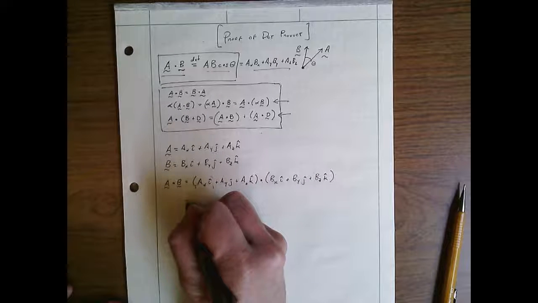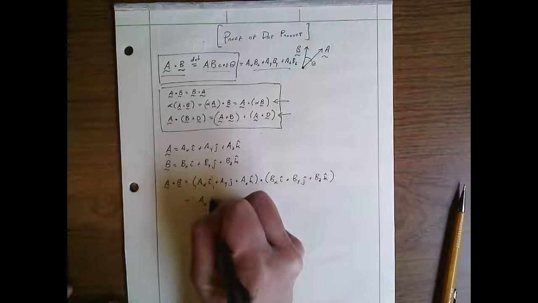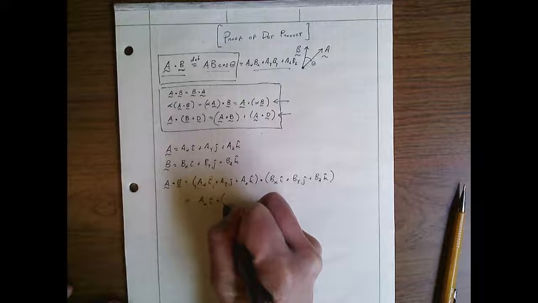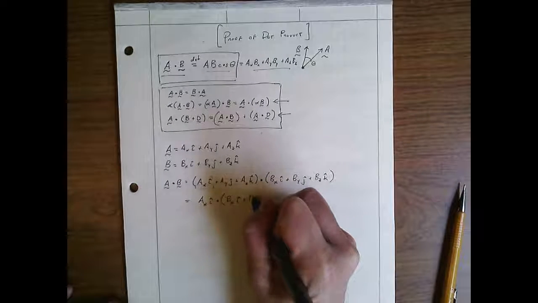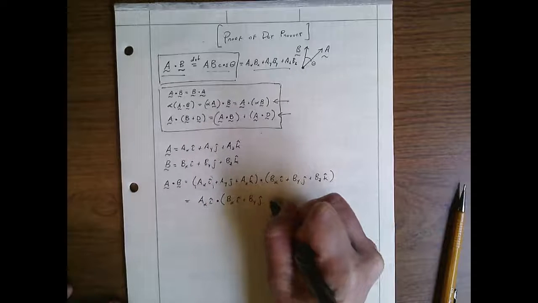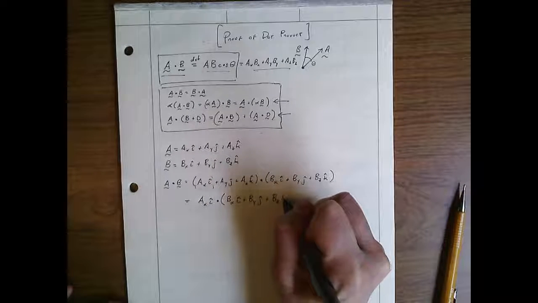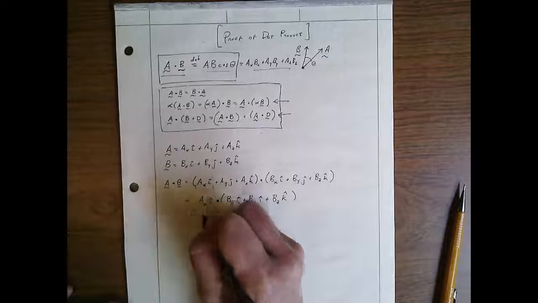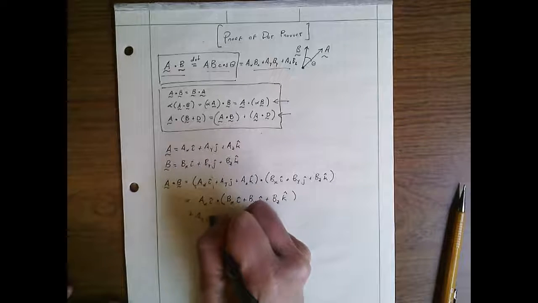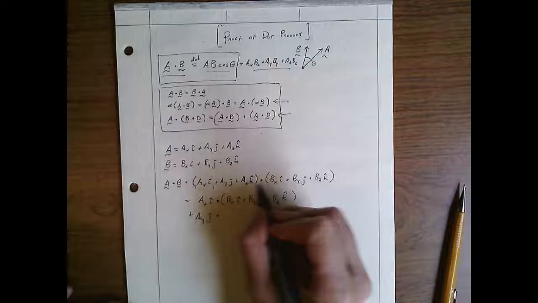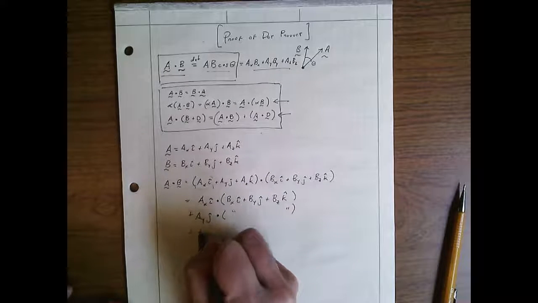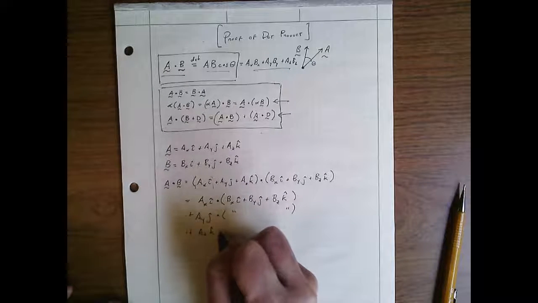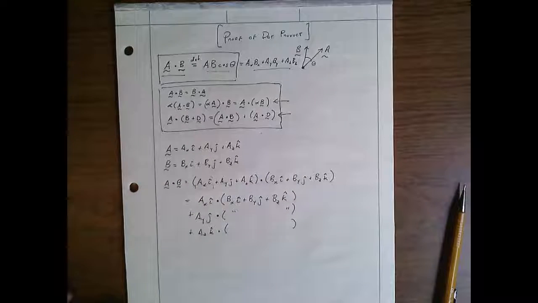So I'm going to have AX i hat dotted with BX i hat plus BY j hat plus BZ k hat, plus, now this term, AY j hat dotted with this same expression, dot, dot, dot, plus AZ k hat dotted with dot, dot, dot.